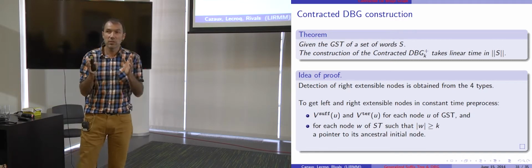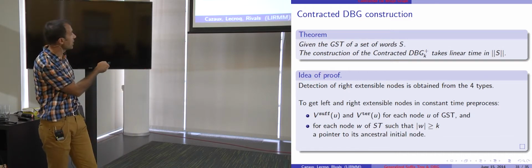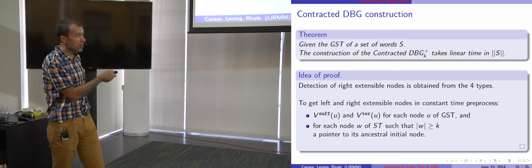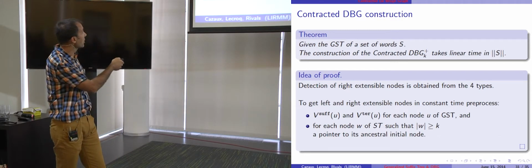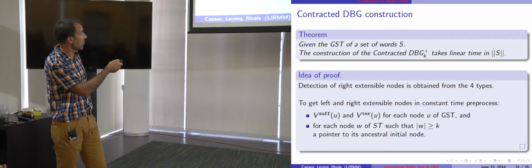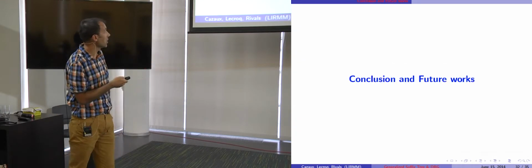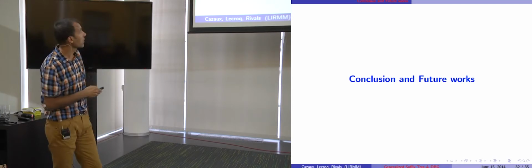You only need the size of those sets, for each appropriate node, in linear time, by going through the generalized suffix tree only once. Therefore, you can get the information of right and left extensibility while going through the tree, and you can construct your contracted doubling graph.